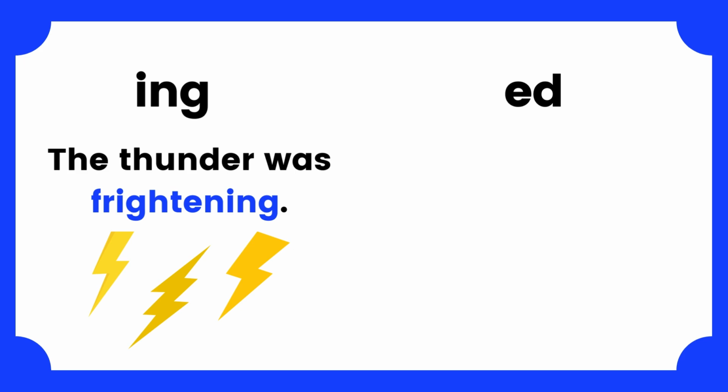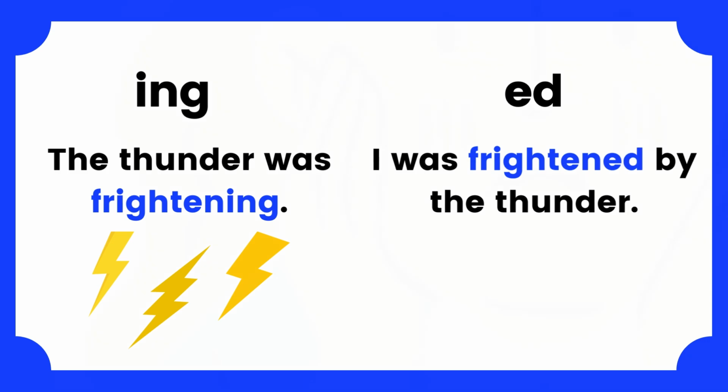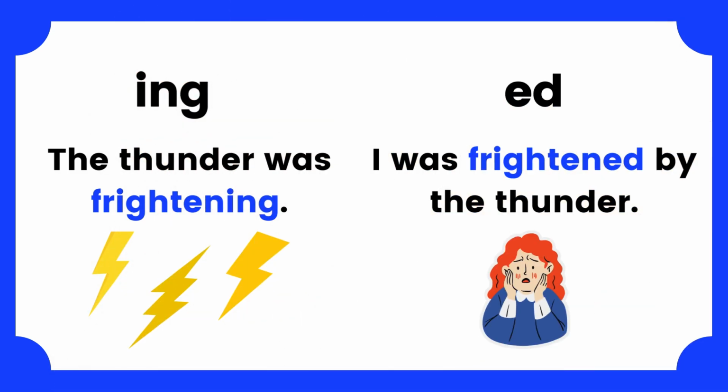Or if you said, I was frightened by the thunder, we will use an ed ending here because the subject, here it's I, was affected by the thunder. I was frightened by the thunder.